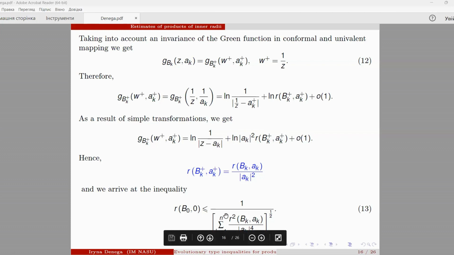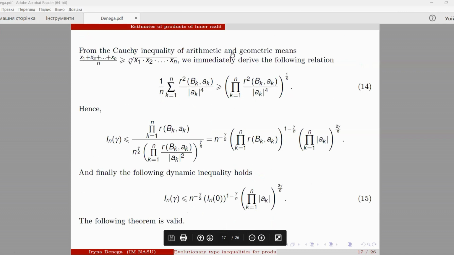Then for the denominator in this inequality, we use the Cauchy inequality of arithmetic and geometric means: 1 over n sum of r(B_k, a_k) squared divided by modulus a_k to the 4 is greater than or equal to the product of r(B_k, a_k) squared divided by modulus a_k to the 4, to the 1 over n.